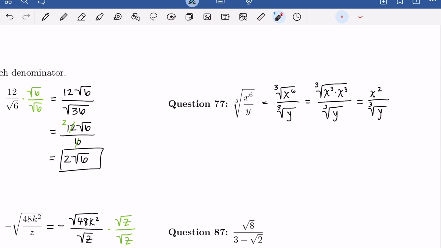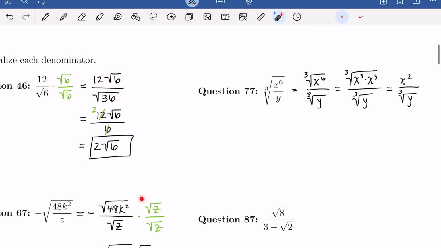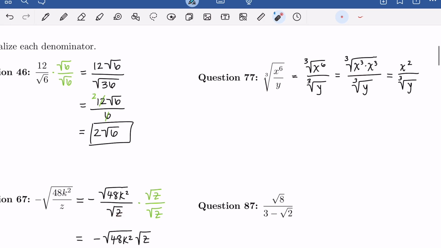So now we're going to multiply this whole fraction by 1 in a certain form so that we can get rid of this third root. Now, in the past, we multiplied by exactly what we had in the denominator because we know that we're going to end up with, for example, z times z, which gives us z squared, and then we can take the square root of that.